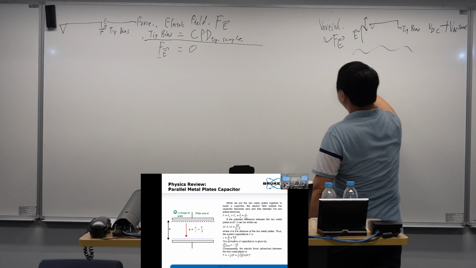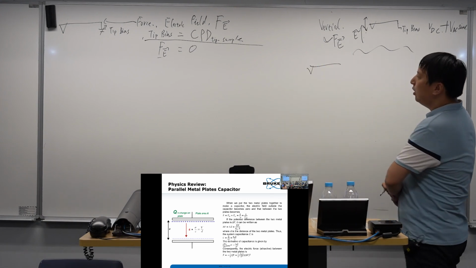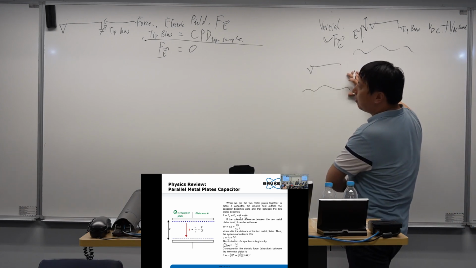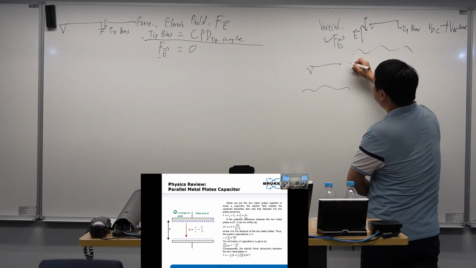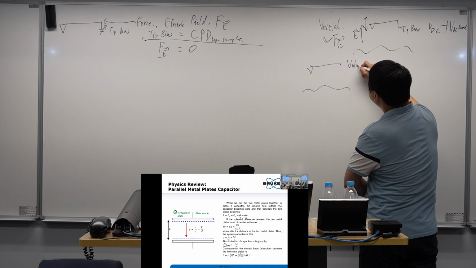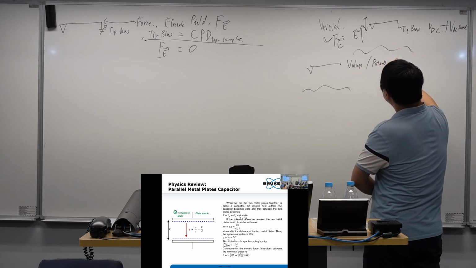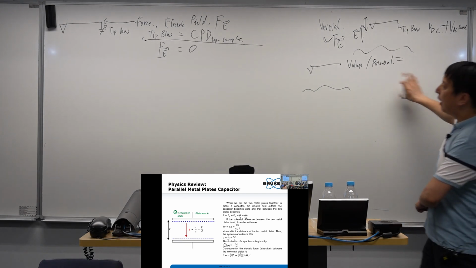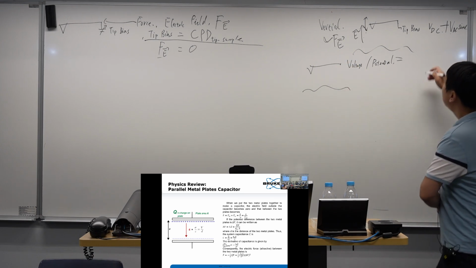So let's take a look at the tip. The tip is placed between the tip and the sample. Let's take a look at its voltage or potential. It will definitely be affected by the contact potential difference between the sample and the tip.